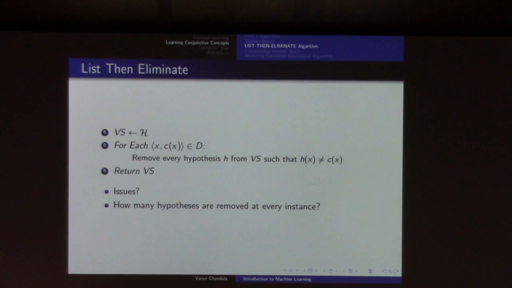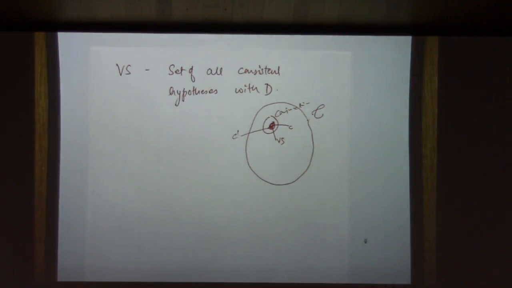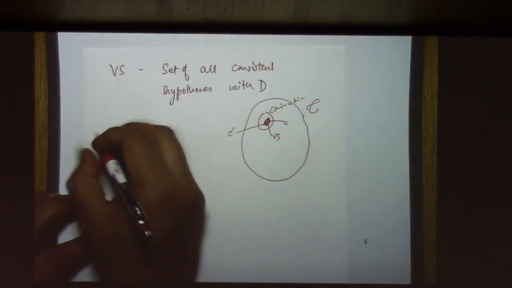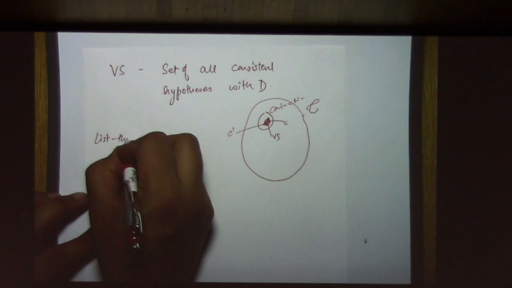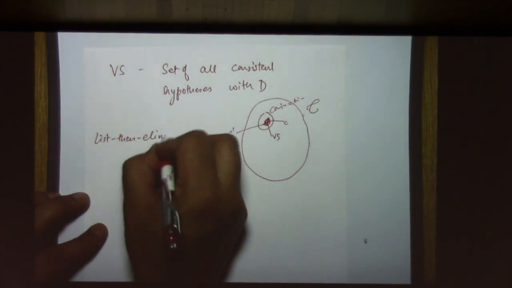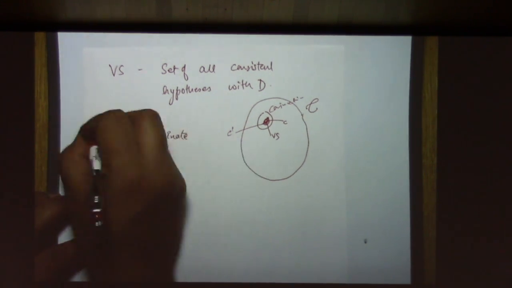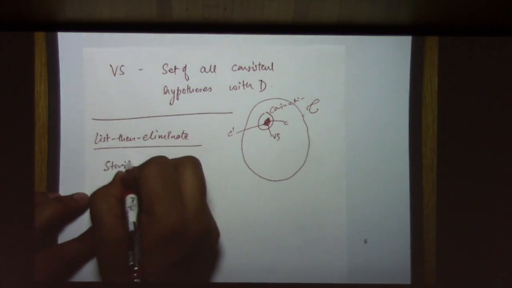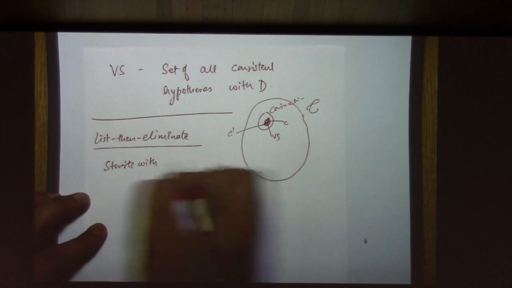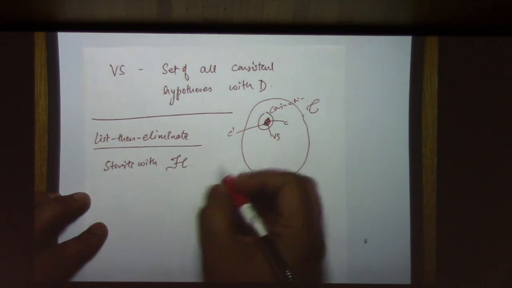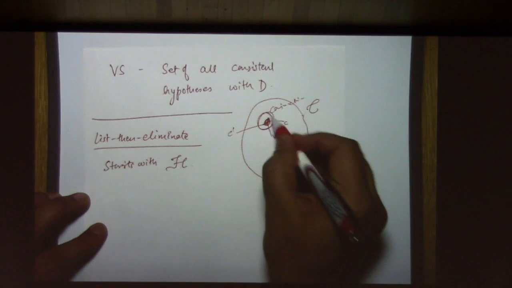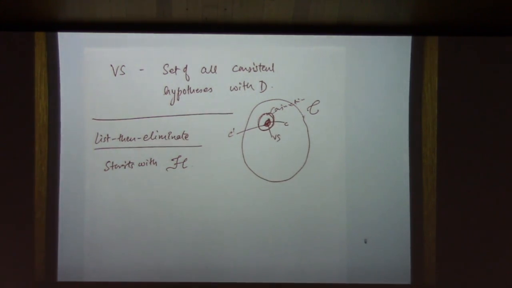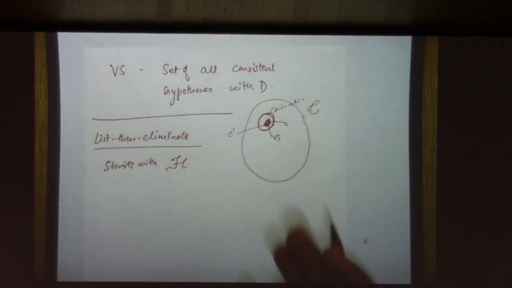So, List-Then-Eliminate. What this does is it starts with H. Now H is essentially whatever your conjunctive or concept space is right now.